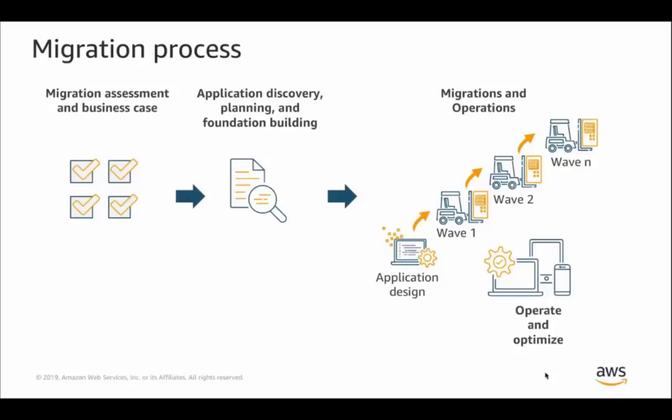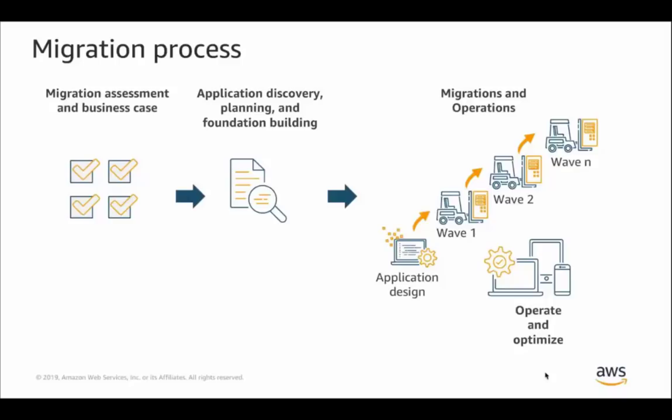From there, we start working with our customers to put together these applications that have been discovered in the application discovery phase in migration groups. And then we start testing these applications in the migrations and operations phase. We come up with migration waves or wave groups, and we begin to start migrating these applications over to the cloud. And finally, we are in the operations and optimization phase where we are in the business as usual, where we truly start realizing the value of the cloud.